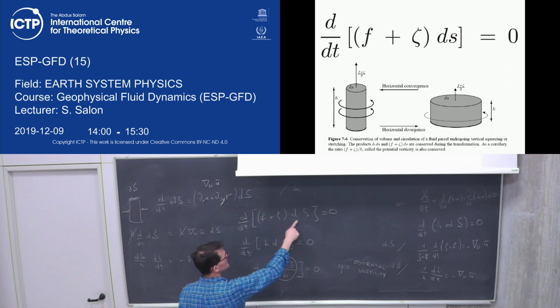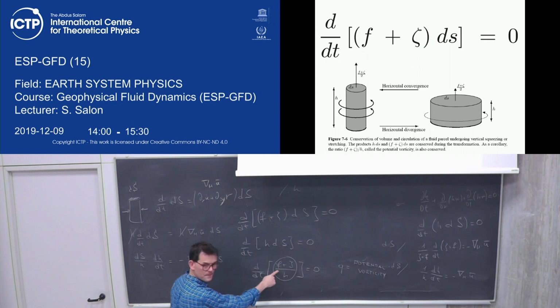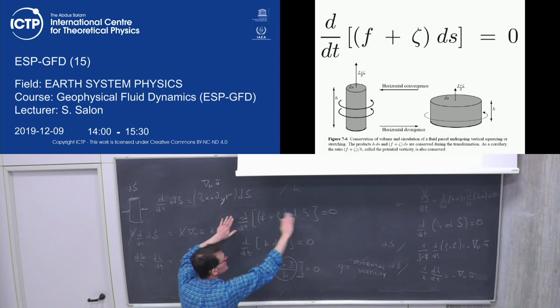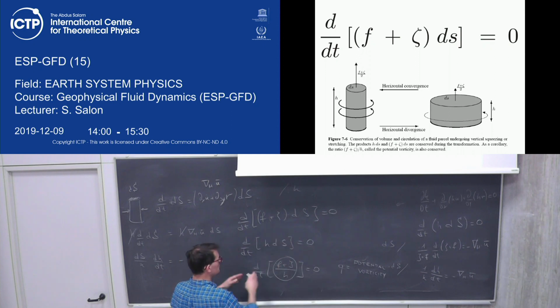F plus zeta ds divided by h ds. Equal is that one, the last one. And we obtain this one. Okay, so they are like the ratio: if this is equal to 0 and this is equal to 0, also the ratio between them is equal to 0, the time derivative.